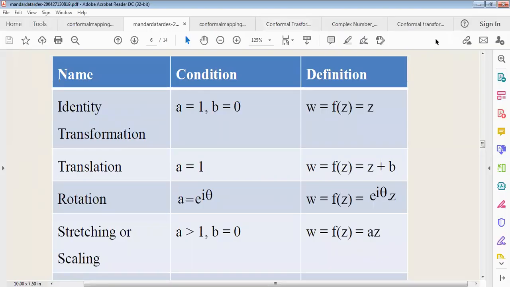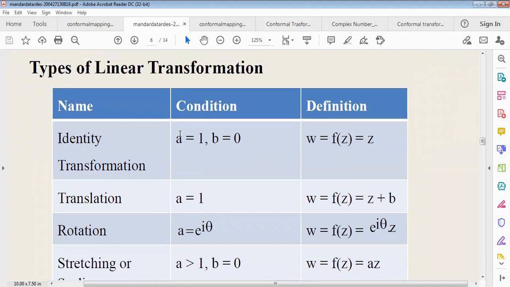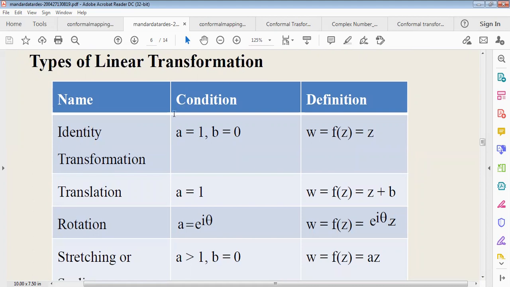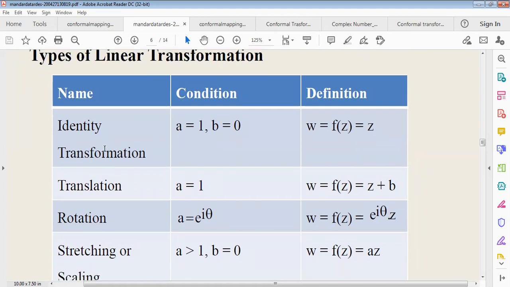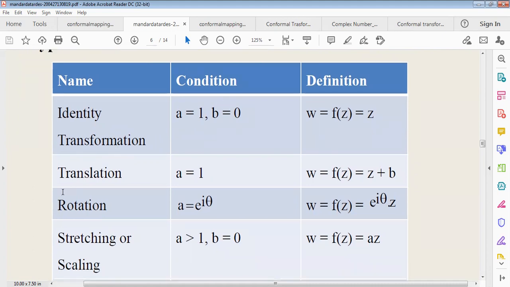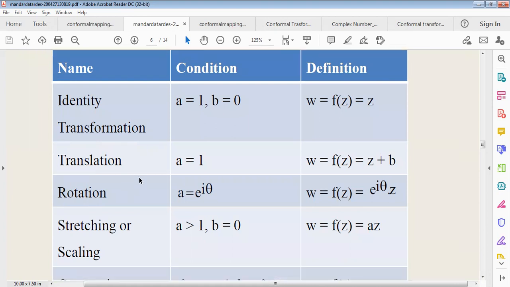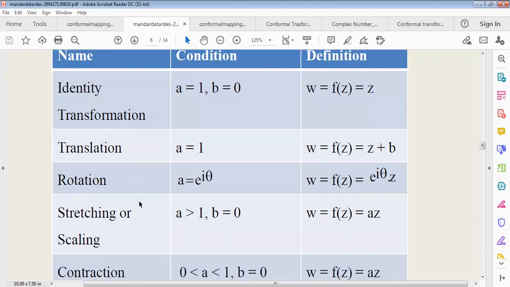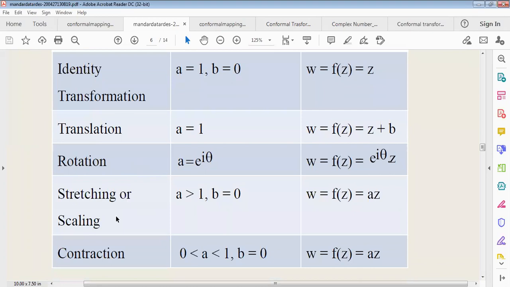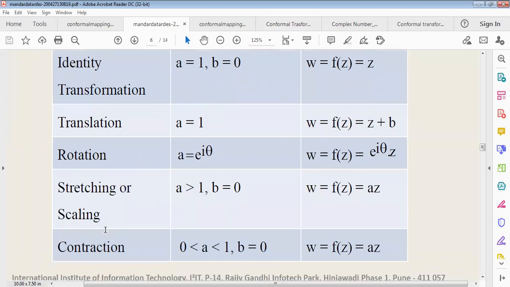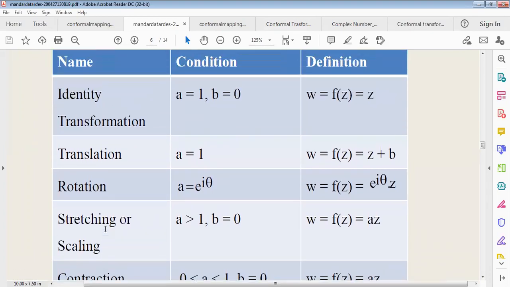In mathematical notation, we have different types of linear transformations here. First is the identity transformation, then translation, rotation, stretching or scaling, and contraction.